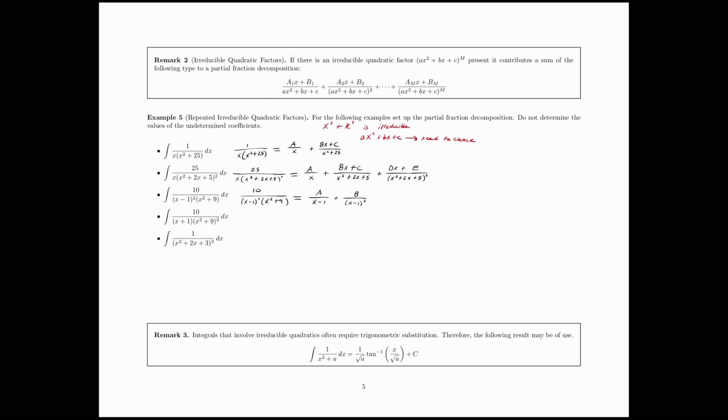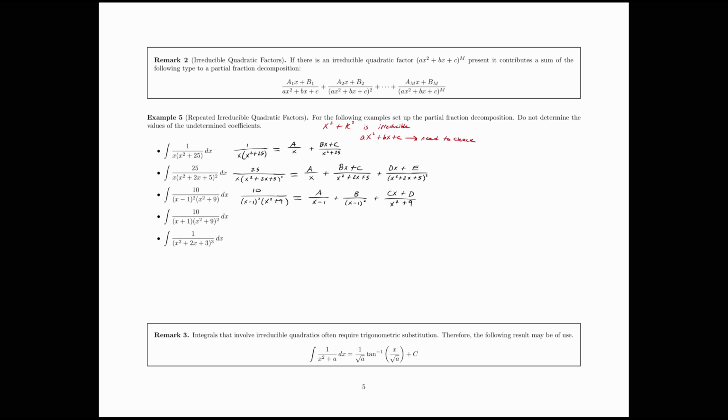The irreducible quadratic will contribute another single term, but in the numerator, instead of it being just an arbitrary constant, it is an arbitrary first-degree polynomial, which is a line, and a generic line is cx plus d. So this would be x squared plus 9 in the bottom for that irreducible quadratic.